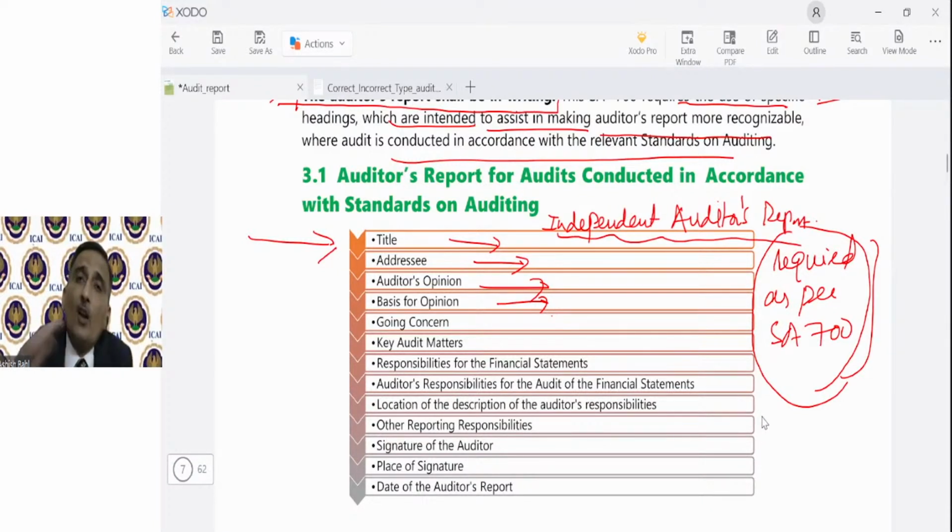Now, what is the logic behind it? It clearly shows that the audit has been conducted by a person who is independent of the company, independent of the organization. Yes, Prabhat, it can be electronic. Writing includes electronic, but it cannot be oral.